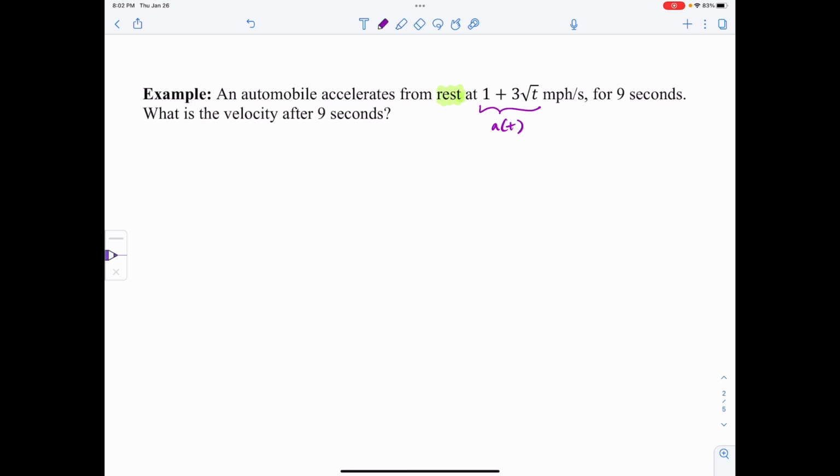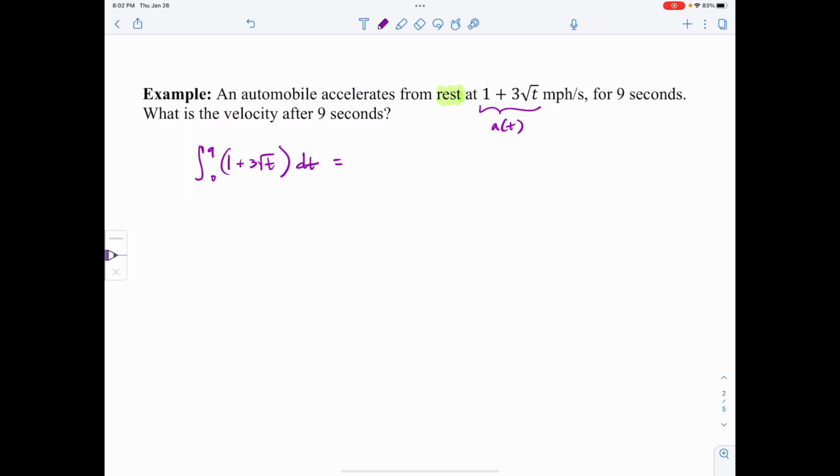So in order to calculate the velocity after 9 seconds, that'll be the integral from 0 to 9 of 1 plus 3 root t, not 2, dt.